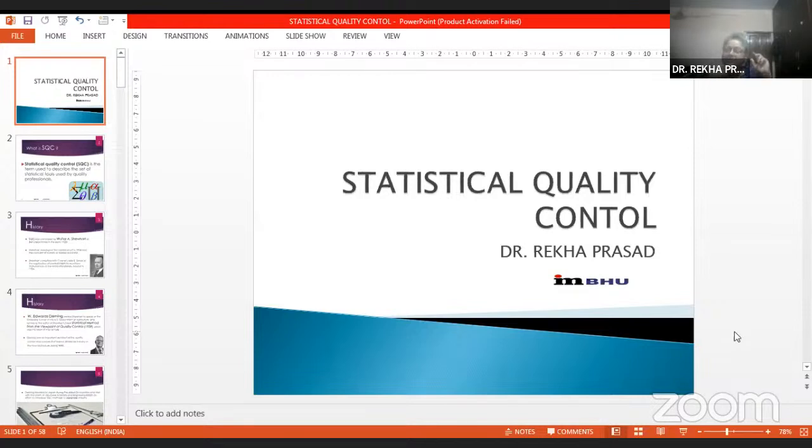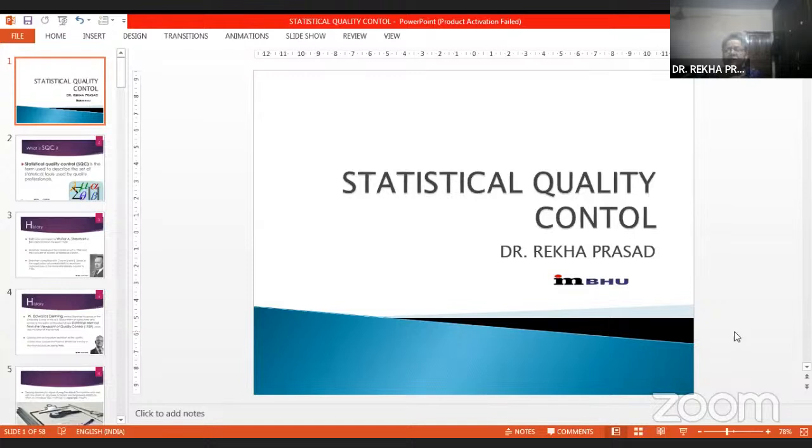If you accept something and it is all right, then there is no error. But if you have accepted it and it is not good, then you have made a type 1 error. If it is not good and you have not accepted it, then also you have not made any error. But if it is good and you have rejected it, then you have made a type 2 error.